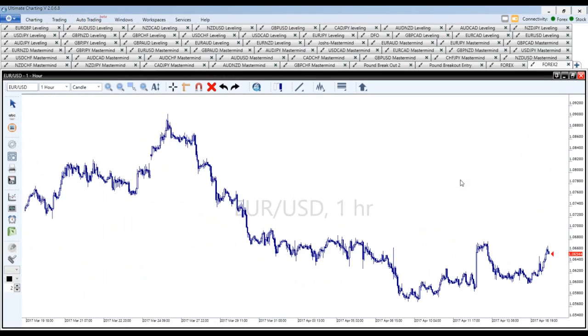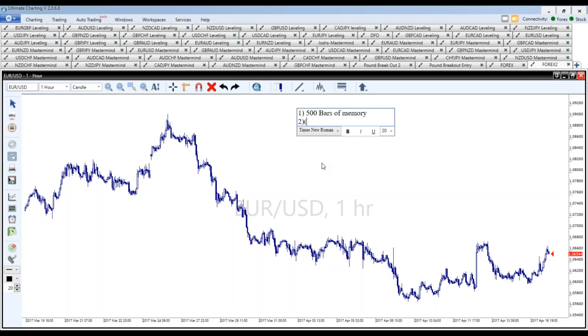Now, here's the deal with the Euro US dollar. I'm going to write out the steps. Remember, write down these profits, okay? Now, number 1, 500 bars of memory.